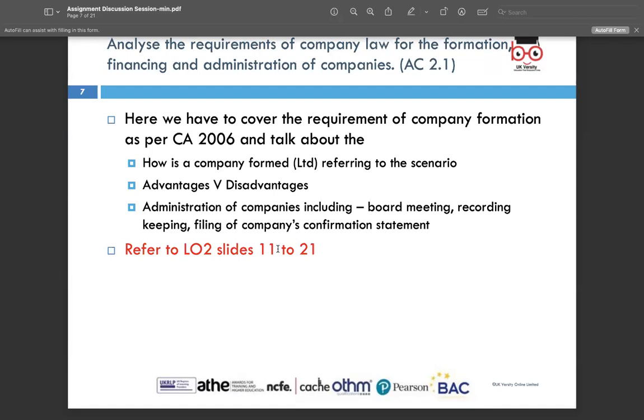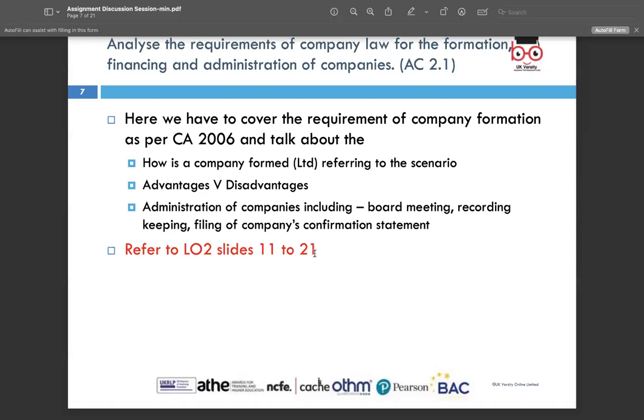Filing requirements: explain the annual filing of the company's confirmation statement and accounts with Companies House, and the consequences of non-compliance. You can refer to learning outcome 2 slides 11 to 21 for more detailed guidance on the requirements of company law for the formation, financing, and administration of companies.